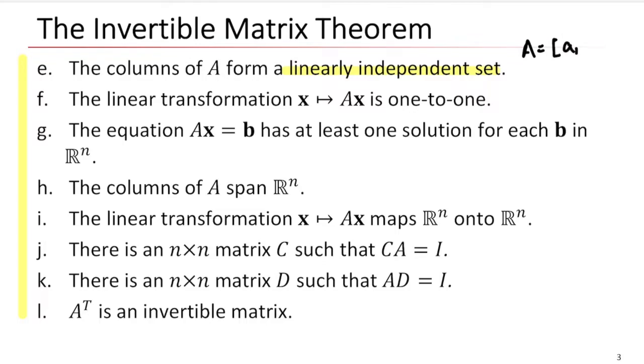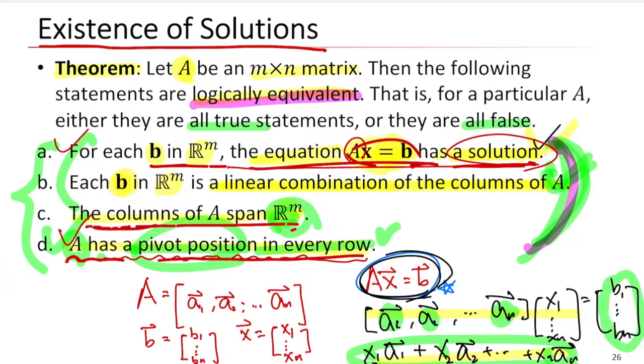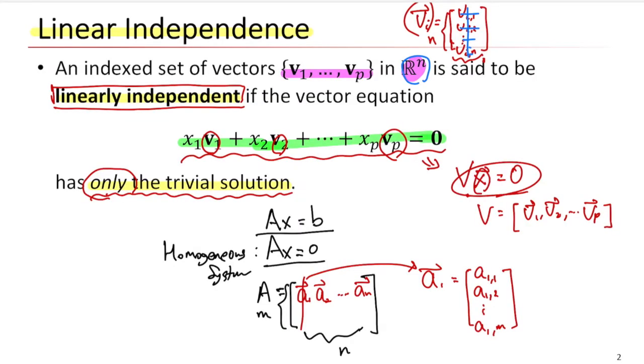Let's say matrix A consists of n column vectors, something like that, and the linear independence means... Okay, before we see the linear independence, let's go back to the lecture, 4.1. There was linear independence, right?